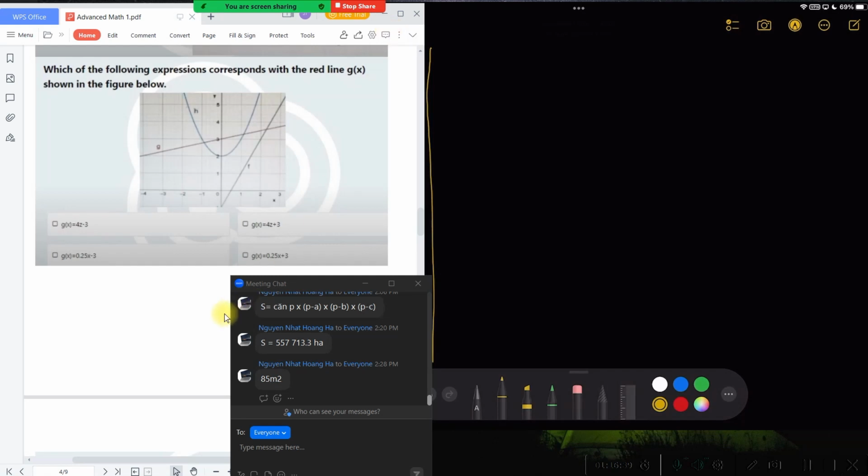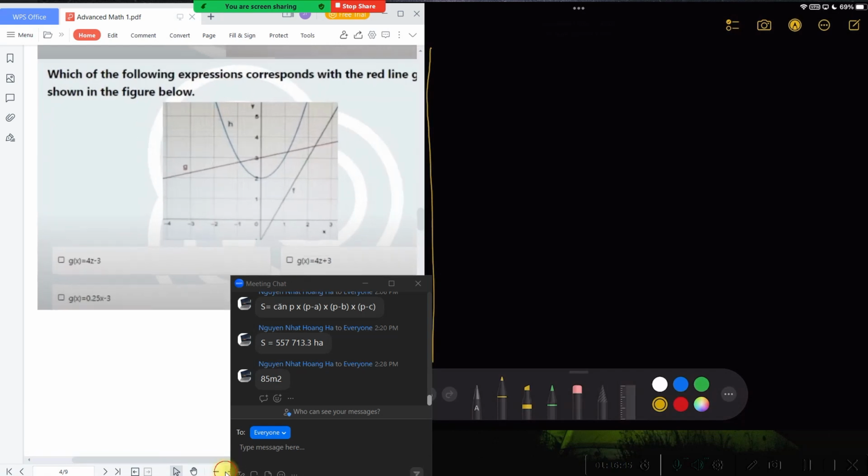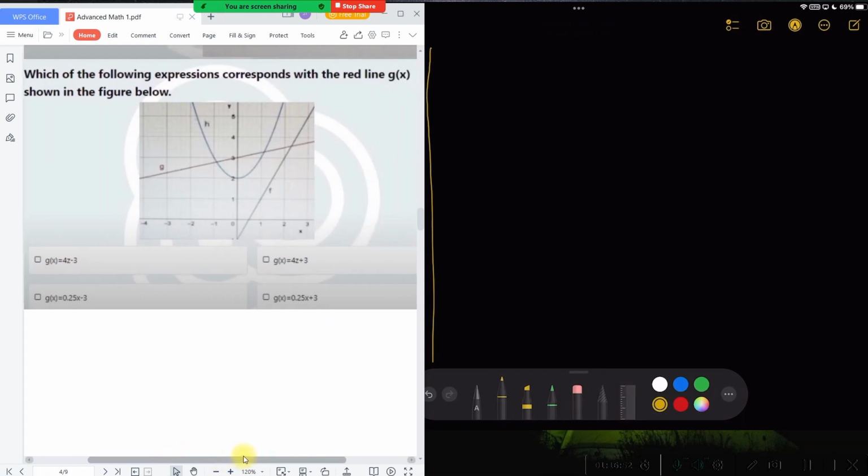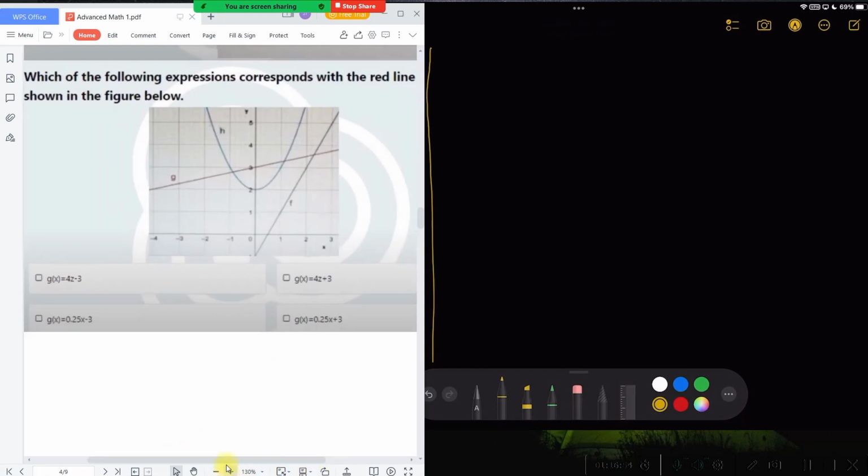The figure is not really easy to see, so let me just zoom in. There you go. The red line, okay? You have to find the expression that corresponds with the red line.